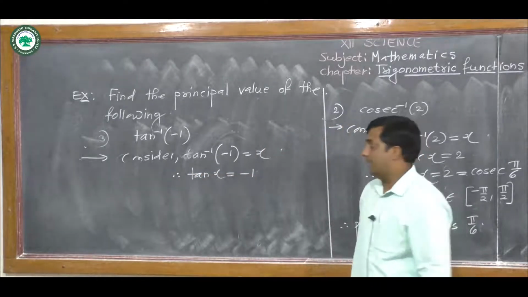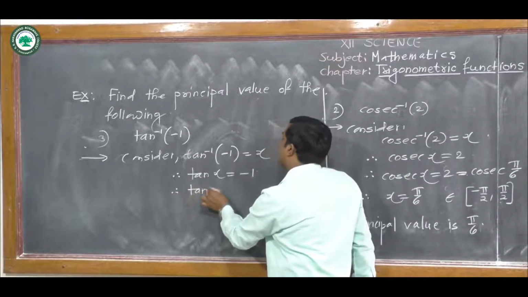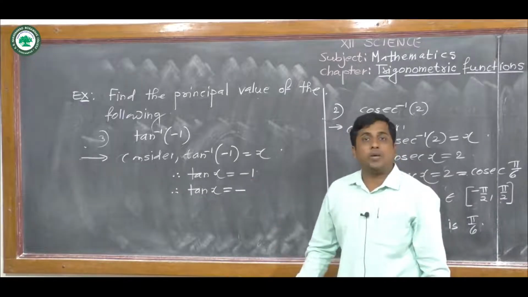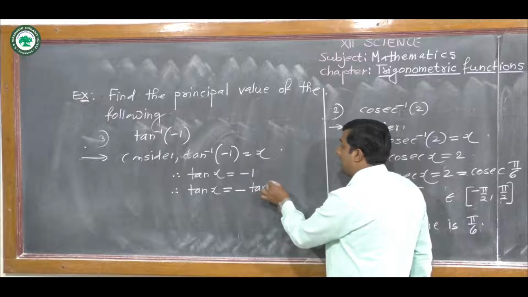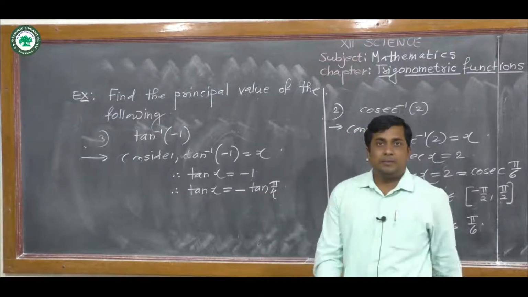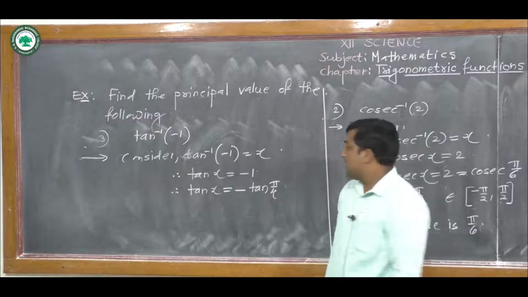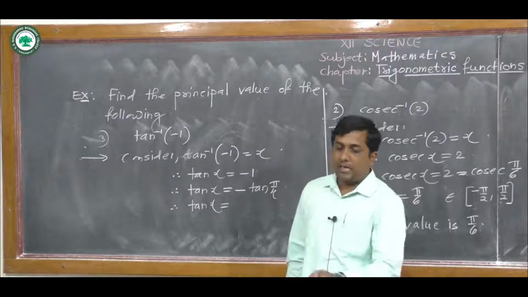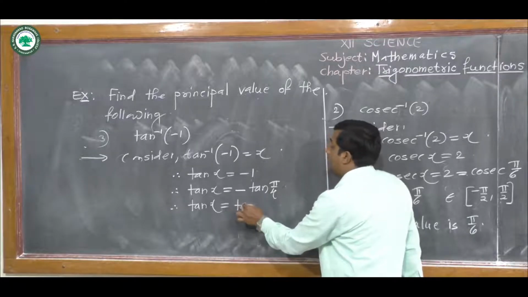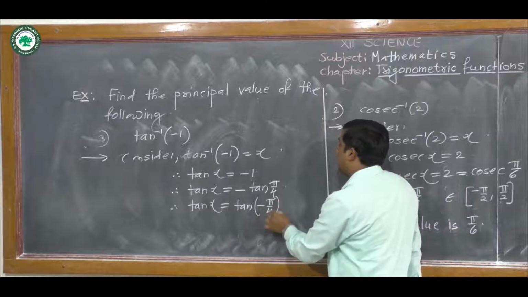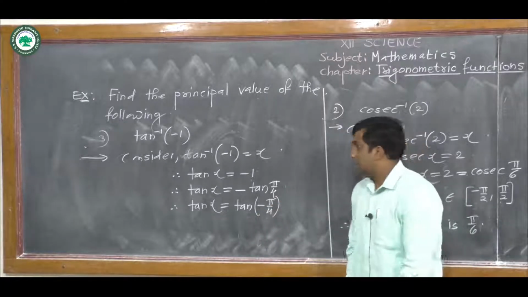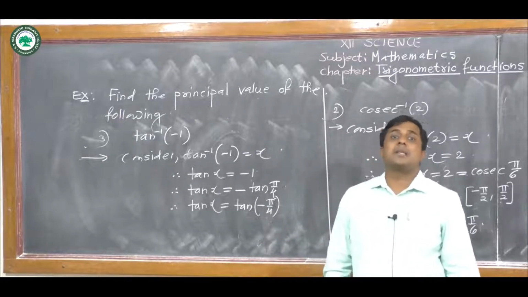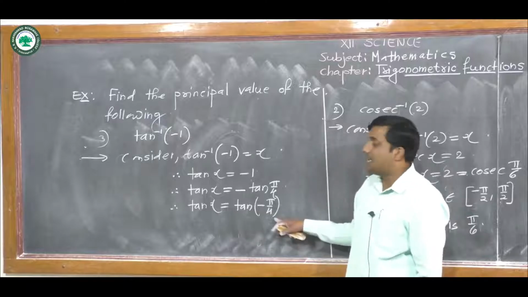Then I write tan x is equal to minus, with the sign as it is, and everyone knows tan pi by 4 is 1. So minus tan pi by 4. Then I write tan x as tan of minus pi by 4, since tan of minus x is minus tan x.